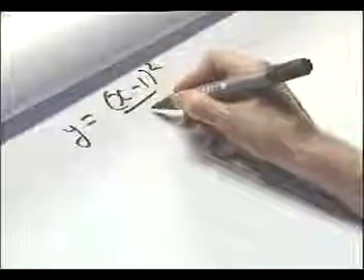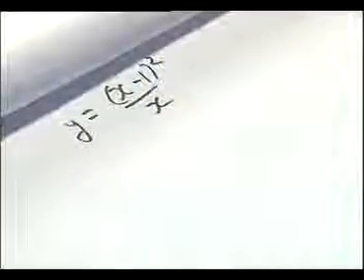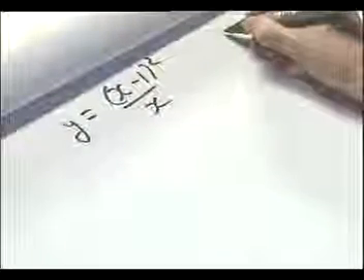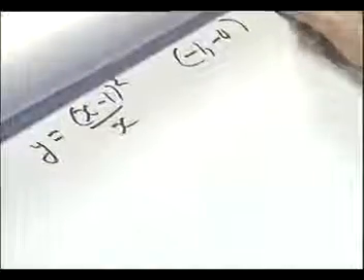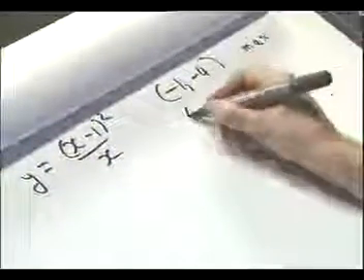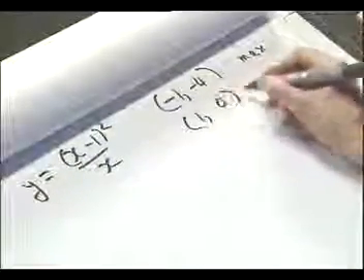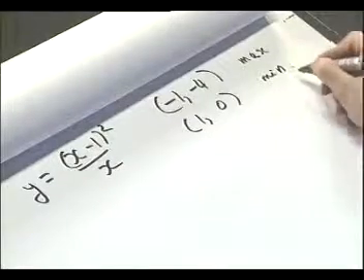Finally, let's just see how this helps us to sketch the curve. We recall the equation of the curve, y equals (x minus 1) all squared over x, and we had a maximum point at (−1, 4), and we had a minimum point at (1, 0).